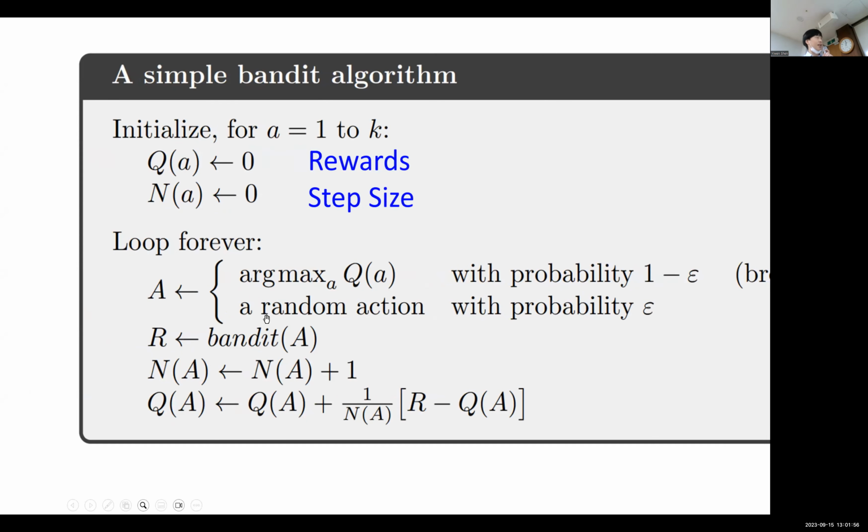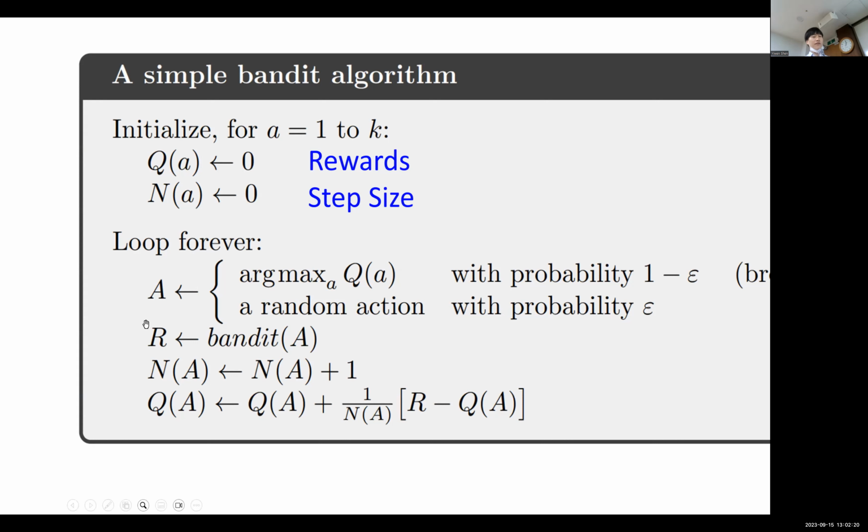Another possible action is that we randomly select based on the probability epsilon. After this step, we have made a decision on which action to take. We put this action to the bandit, which is the environment with the reward definition, right?